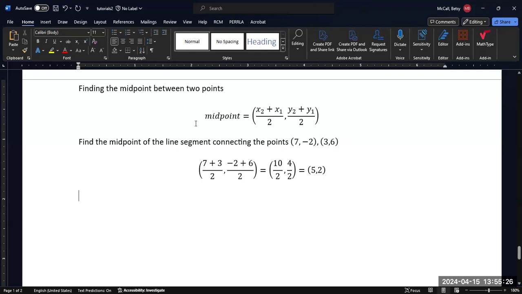And of course, we can generalize this to 3 dimensions.